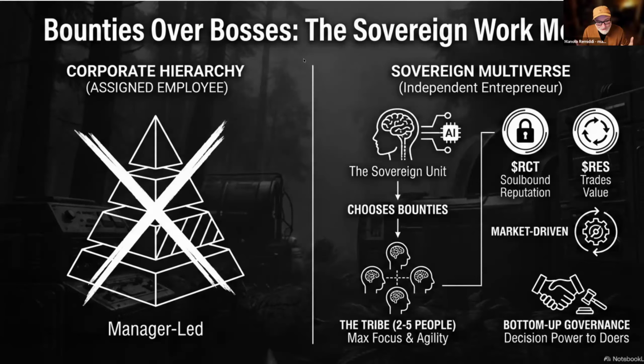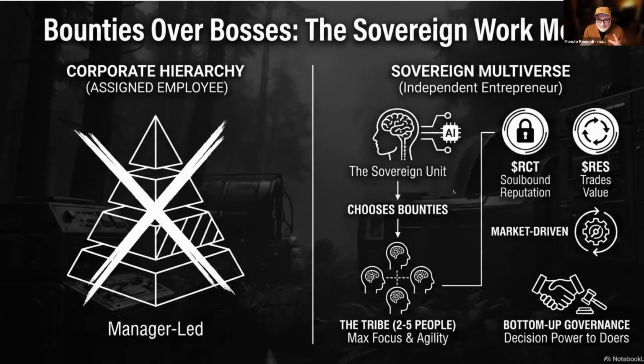To achieve those changes, we need something that's much more flexible. Here is the structure. I don't know if you read the blog post today about this, but in the blog post we're talking exactly about this. This is the sovereign multiverse that we need to build. The idea is that each one of us, human plus AI, is a kind of team of entrepreneurs.